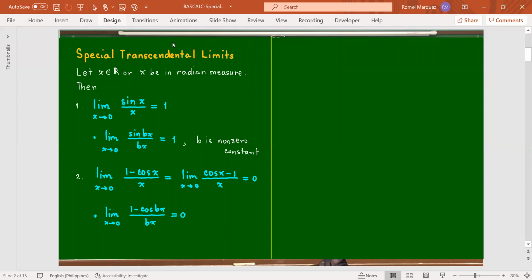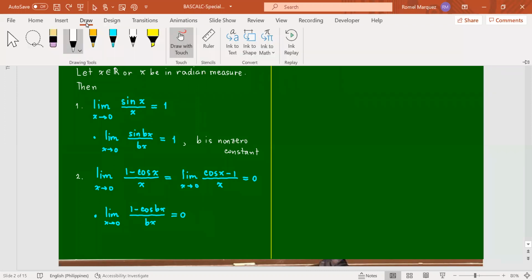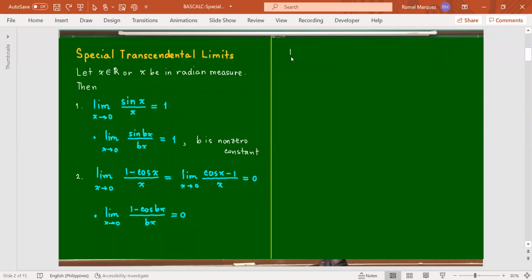Another one, number 3, for exponential. Let x be a real number.